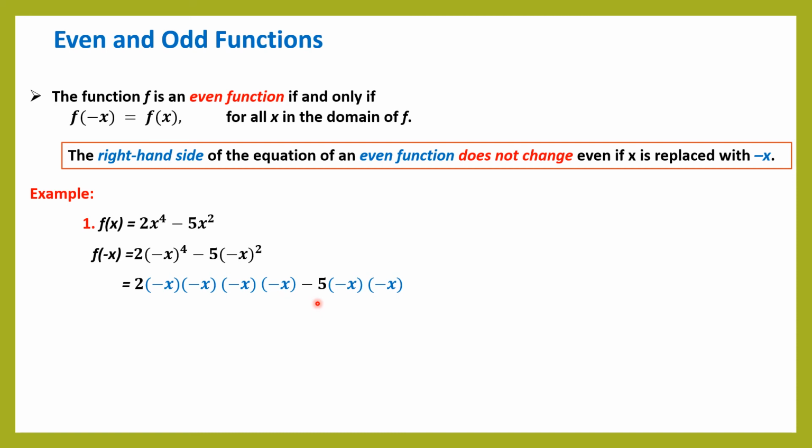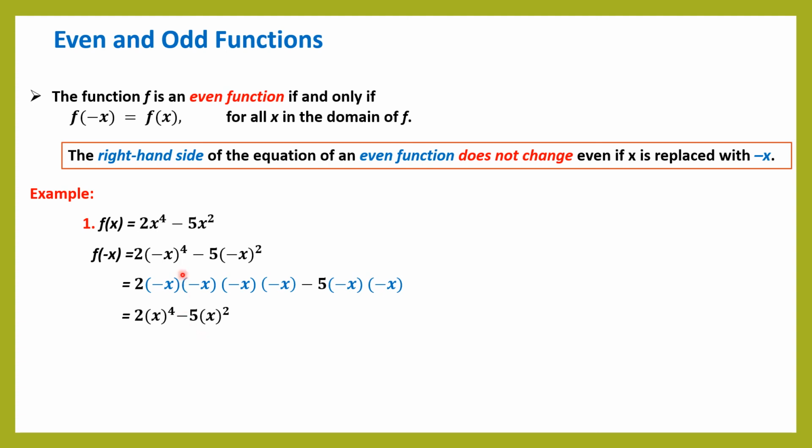Yung 5 or minus 5, just copy. Then negative x squared ay negative x times negative x. So just copy yung 2. Then multiply natin tong 4 na negative x, which is positive x raised to the fourth power. Then minus 5, then multiply natin tong dalawang negative x, that is positive x.